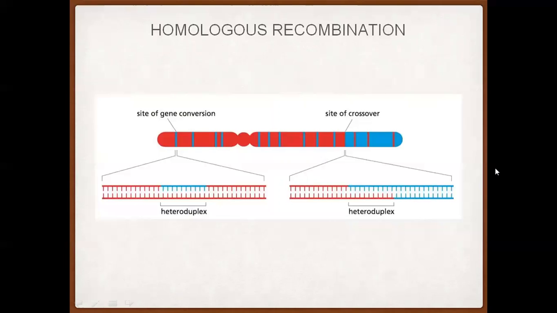homologous recombination is a very interesting thing. So if you consider this is a chromosome, and this is a centromere, and here this portion is the site of gene conversion, and the site of crossover here. Suppose this is the gene, and the blue color is the heteroduplex, and here the red color is the heteroduplex.